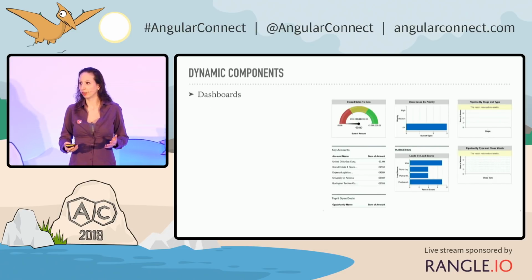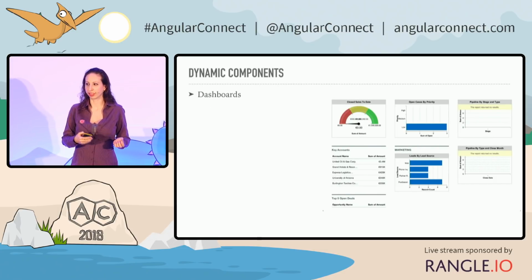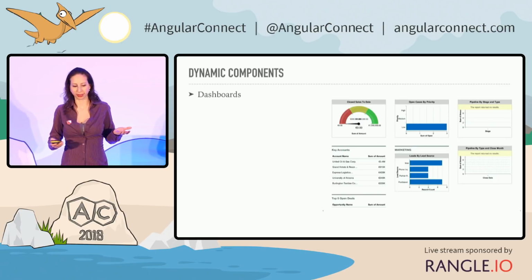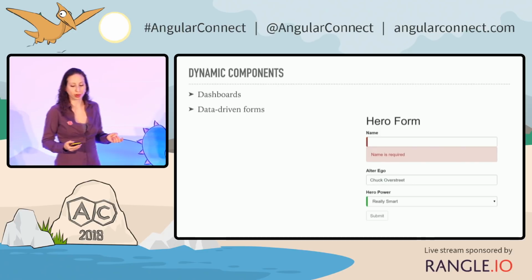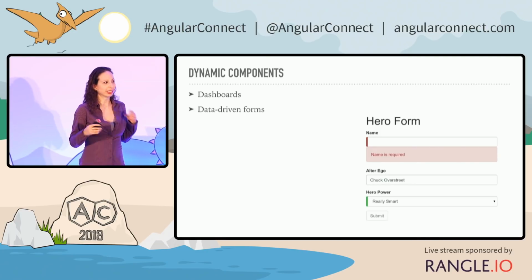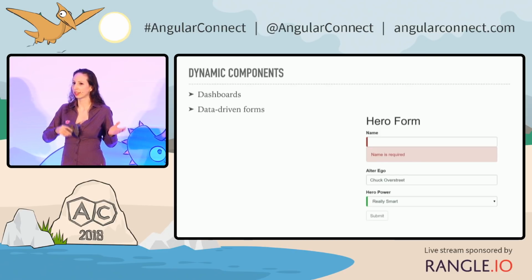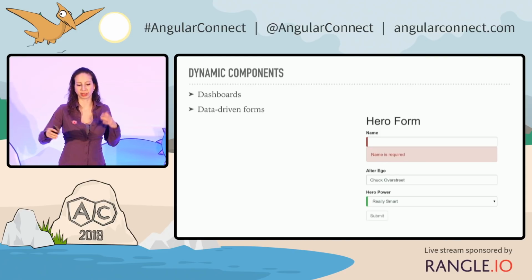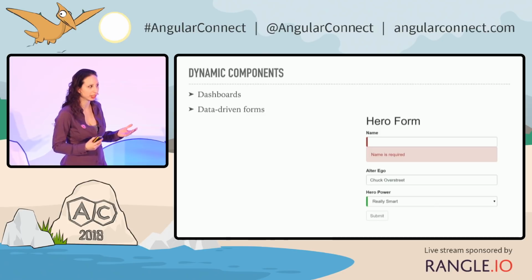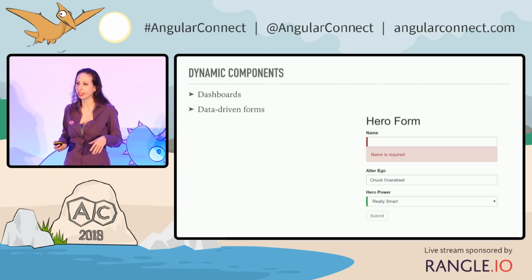So the main use cases that there are for dynamic components. So the dashboard, like I explained. Data-driven forms. So these are still a bit hard to do. There are several methods that you can do them, like configuration-driven reactive forms in Angular.